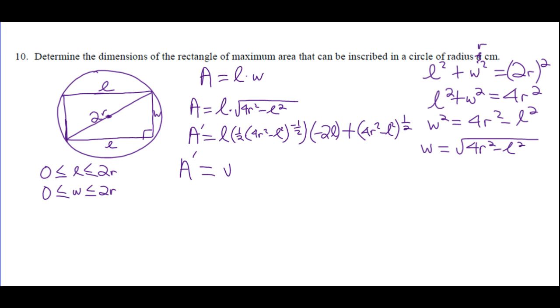The square root of 4R squared minus L squared, that's this guy, minus L squared over the square root of 4R squared minus L squared. So there's your expression for the derivative of area.